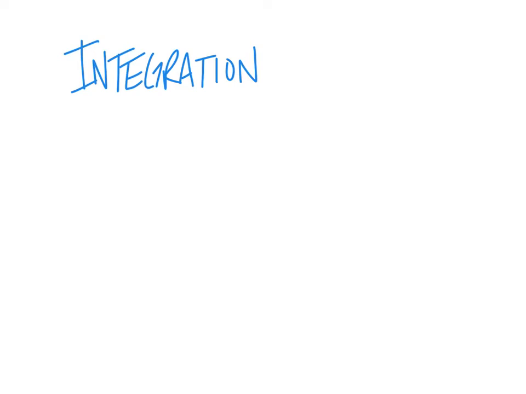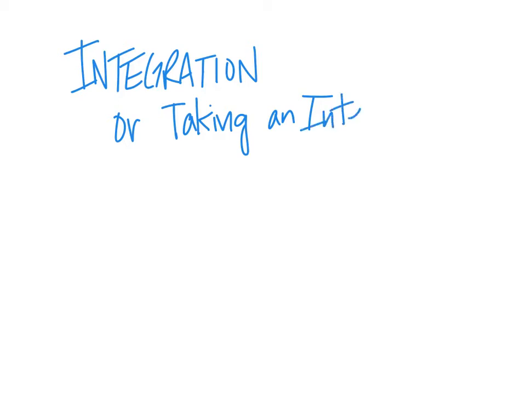The second skill that we need to learn from calculus is something called integration, or sometimes it's referred to as taking an integral or integrating. So this is the opposite of differentiation, or taking a derivative.